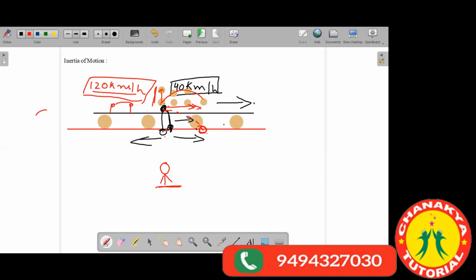I have a hot air balloon, and this hot air balloon is rising upward. There are some people sitting in this hot air balloon. I'm observing from the ground. Here I'm stationary on the ground. The balloon is moving upward with a speed of 5 meter per second.